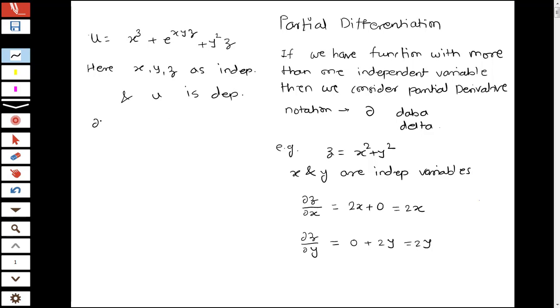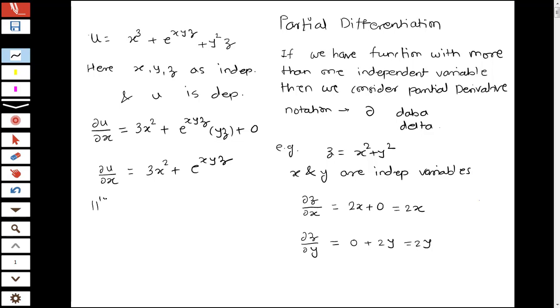So the derivative of u with respect to x, that is del u by del x, but by treating y and z constant, will be 3x square plus e raised to xyz into yz, plus the derivative of y square will be 0. This is del u by del x.